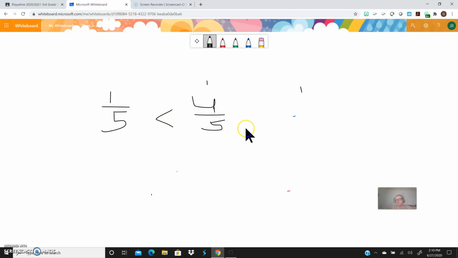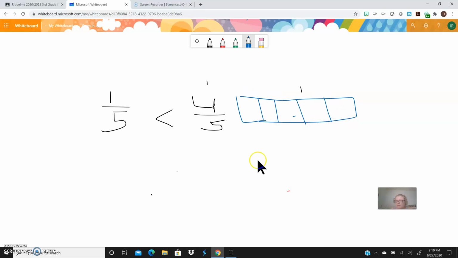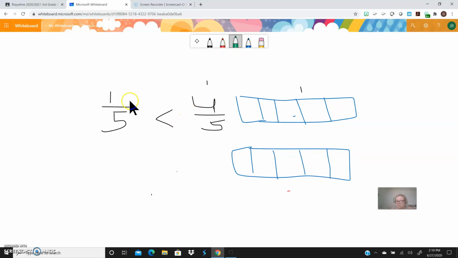Okay, let's just draw a picture. Let's see if I can draw a candy bar. So let's break it into 5. 1, 2, 3, 4, and 5. Let's draw one more. 1, 2, 3, 4, and 5. Let's go ahead and shade in some portion sizes.